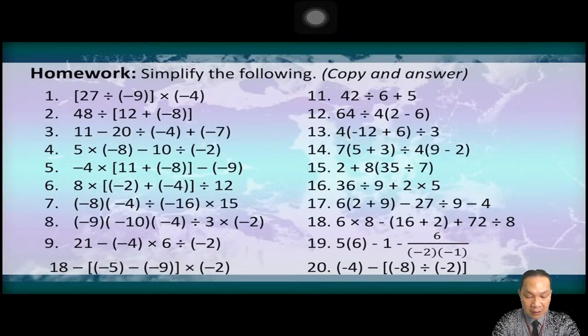Number 19. Five and 6 first. Copy -1. Copy 6 and multiply -2 and -1.